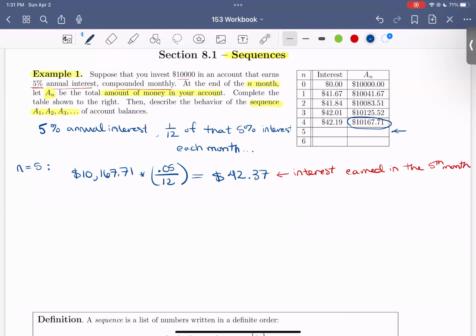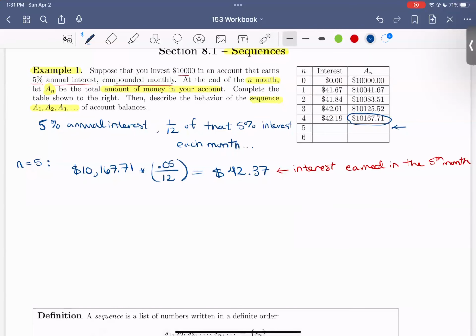Okay, so what does that mean? Therefore, for our account, the start of the next month, we'll have the original $10,167.71. But now we're going to add the interest accrued from the previous month. So we're going to add $42.37.